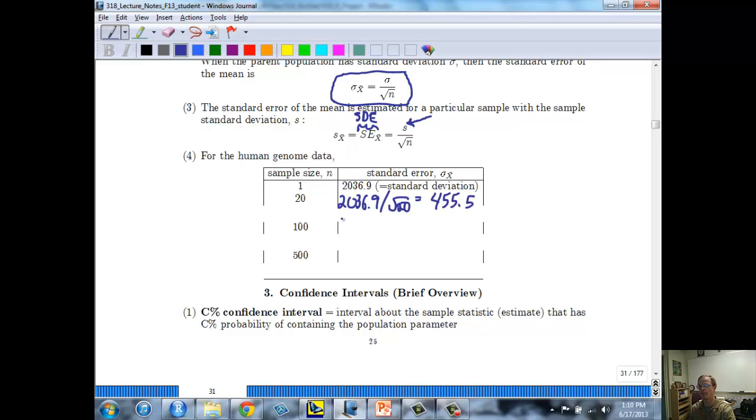If we do over root 100, we're obviously going to get 203.69, right? And then for the 500, we got that one already computed. Let's just do this one right here on the computer to emphasize one more time. What if we reduced our samples to size 100?